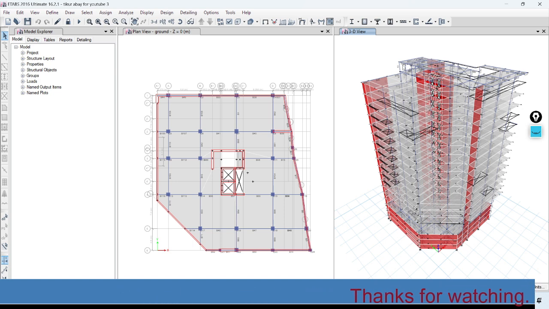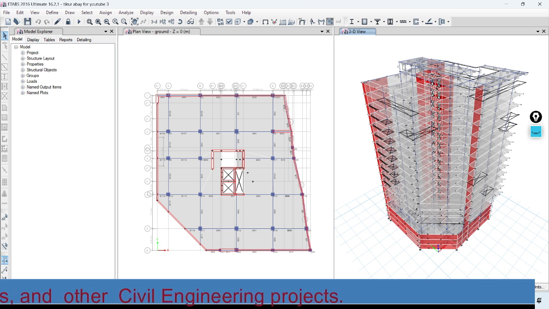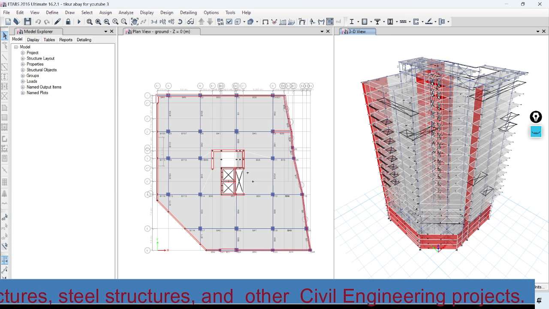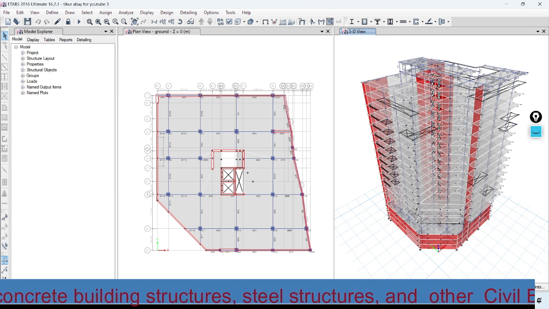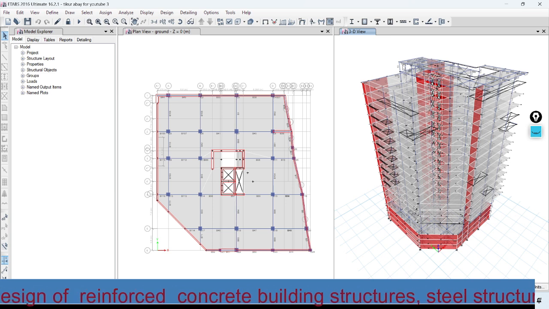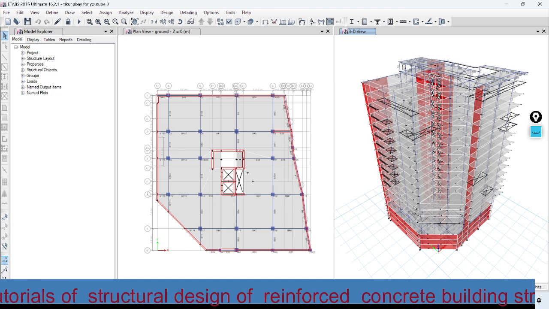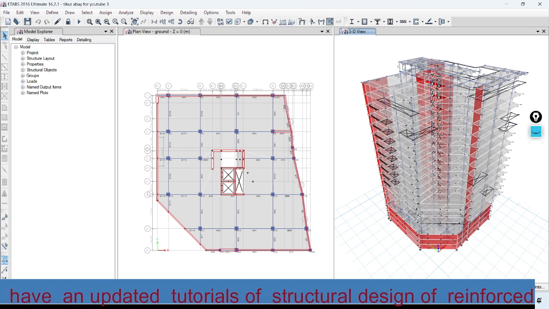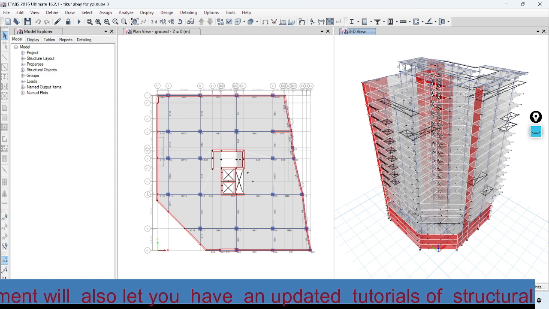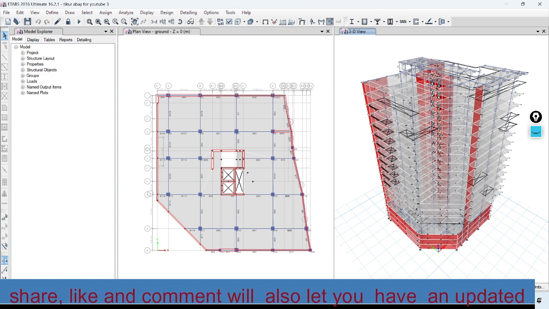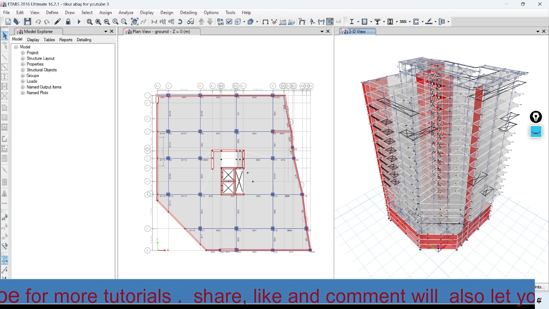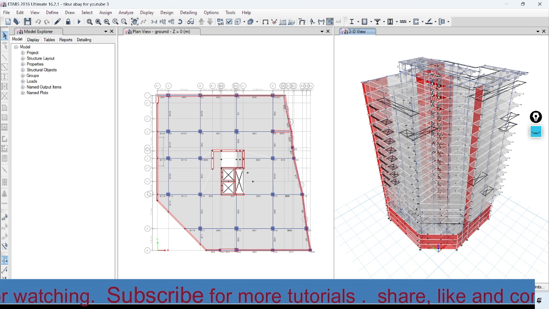In the previous tutorial, I already showed you the determination and checking of drifts on this 20-story building. Today we'll be focusing on tutorial part 17, the checking of the P delta effect on this 20-story building.